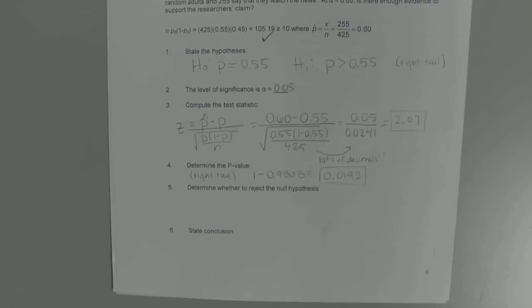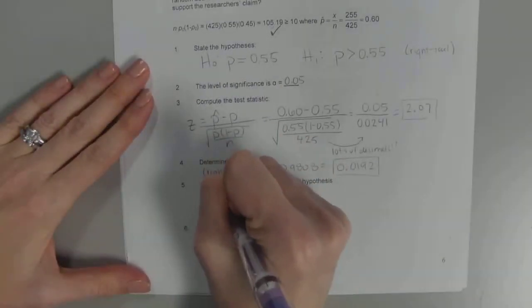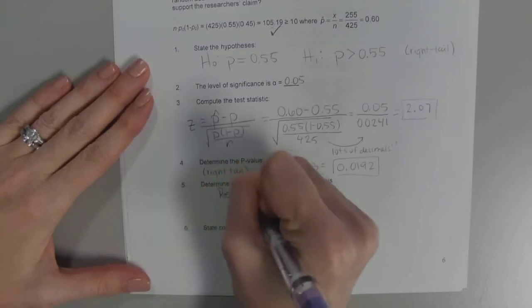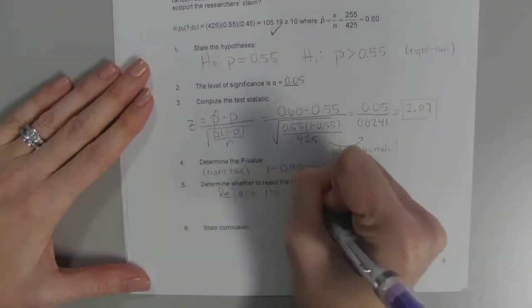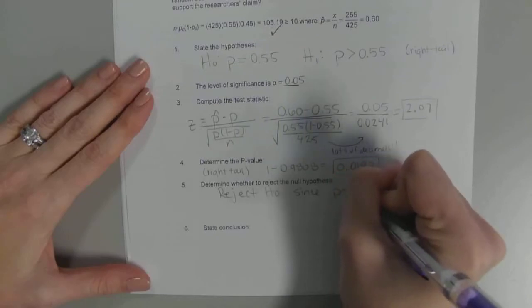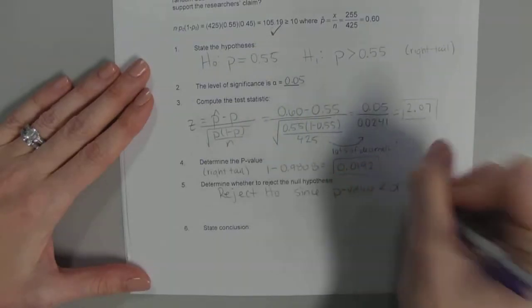So we will check. Let's write that first, but I'm going to explain my darnest why that is, okay? So we're going to reject H naught since p-value is less than alpha.